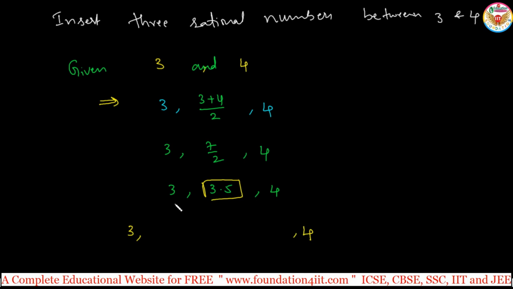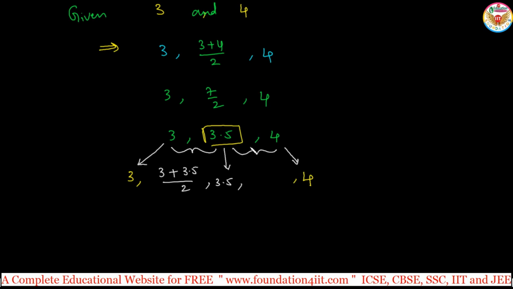Now between 3 and 3.5 we'll find one more. What should we do? 3 plus 3.5 by 2. Already 3.5 is there, and between these two, this 3.5 stays as it is, 3 stays as it is, and 4 as well. Only between 3 and 3.5 one more number, and between 3.5 and 4 another number.